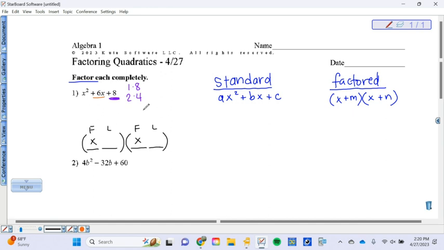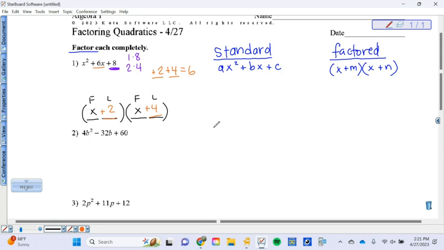A positive 2 plus 4 gives me 6. So that tells me what to fill in to my last spaces here. I just put plus 2, plus 4. Good on that? Questions? That's it, and that's the easy one.